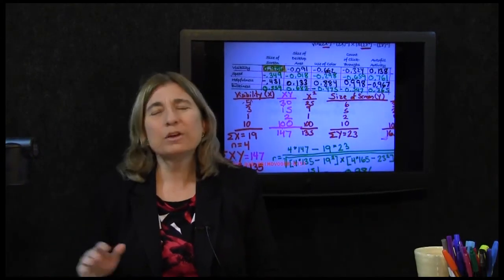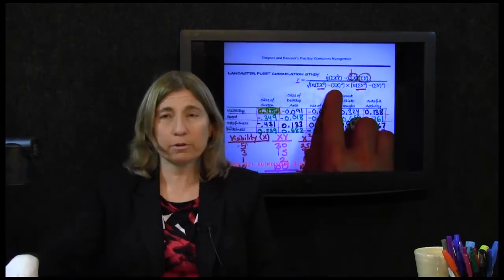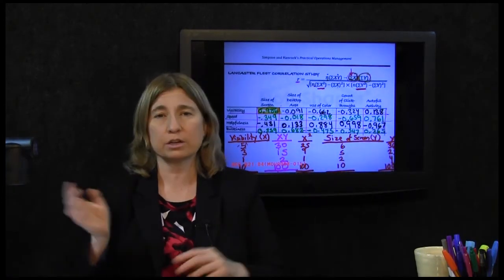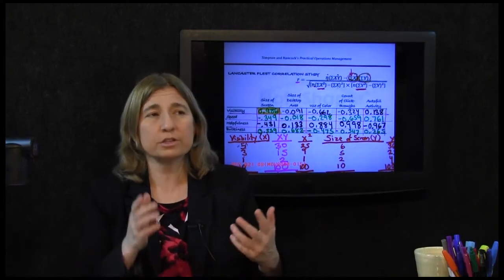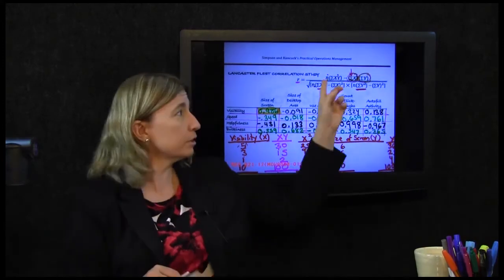Because what are these numbers supposed to mean? Go back to this formula right here. You take this formula, any two sets of data, call one X, call one Y, fill out that formula. You will get back an answer. The two sets of data may or may not have anything to do with each other, but you'll get back a number. That number will be between 1 and -1. That's a thing with this formula.